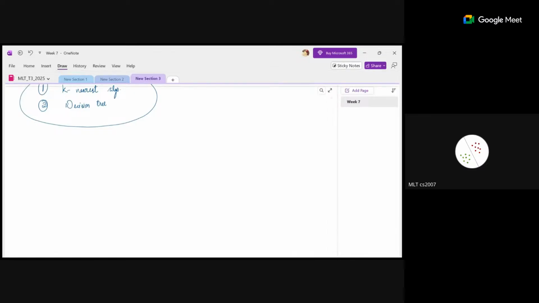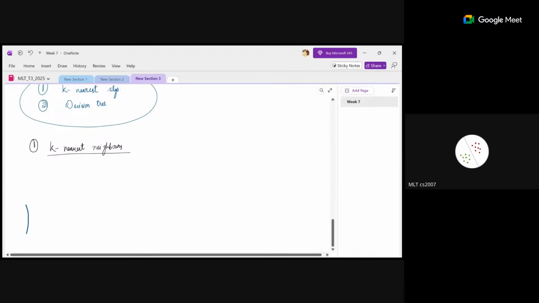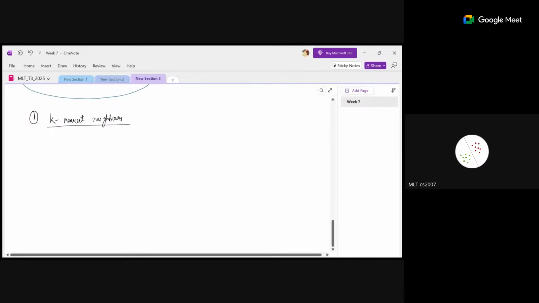So we have k nearest neighbors. What happens in the k nearest neighbor? As the name says, this is exactly what my algorithm does.